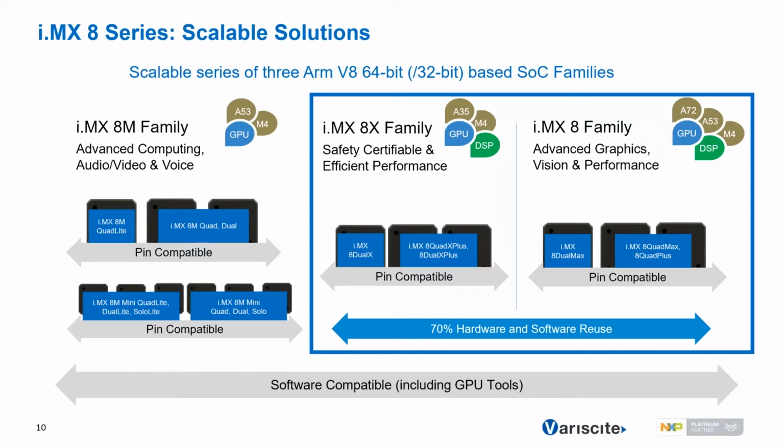The 8M family uses the same core CPU technology, the ARM A53s, but adopted different process nodes to deliver key productivity improvements. So let's take a closer look at the 8M series with the next slide.